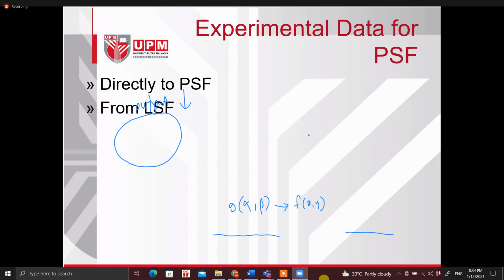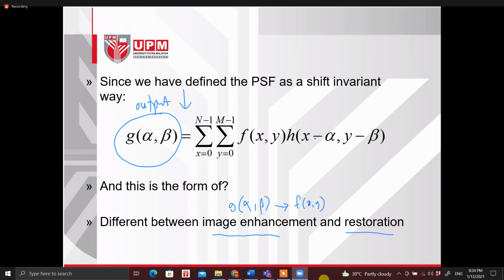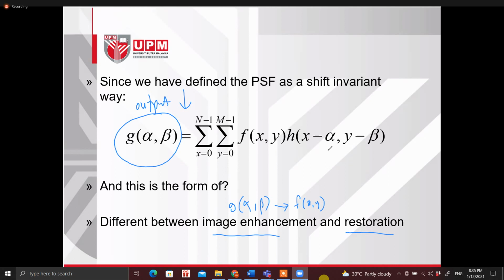The input image is being convolved with the point spread function, and because this point spread function has degraded the input image, we get a not good output image. So the whole purpose of image enhancement is to improve the quality of G so that you can get it as close as possible to F. That is the case of image enhancement. We have one chapter on that later.